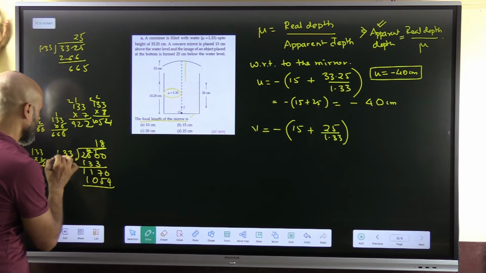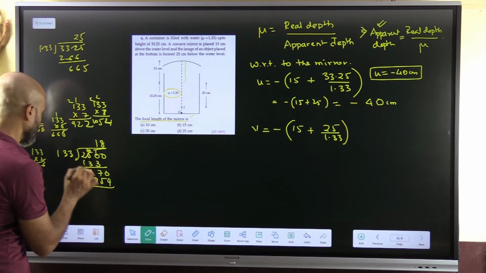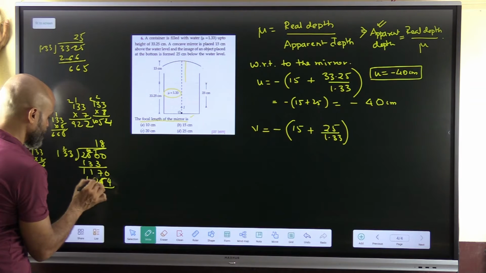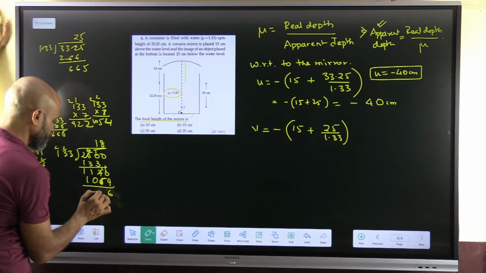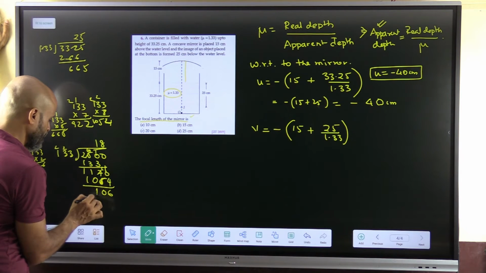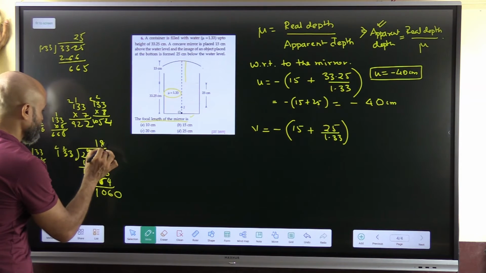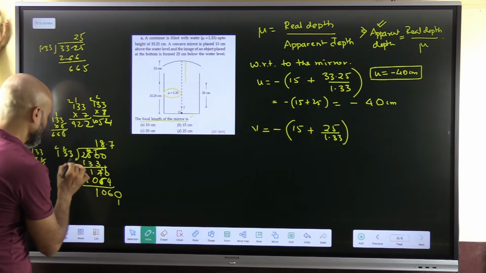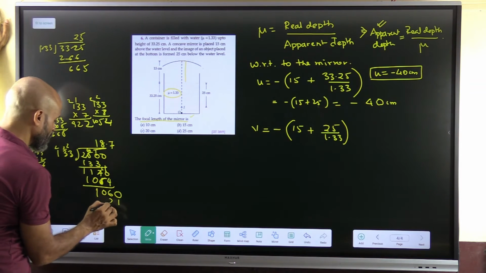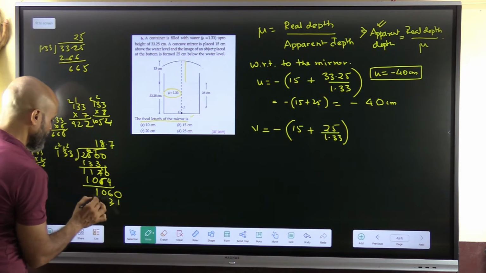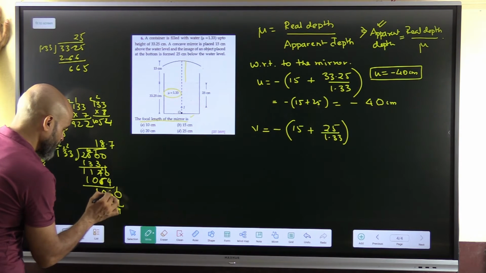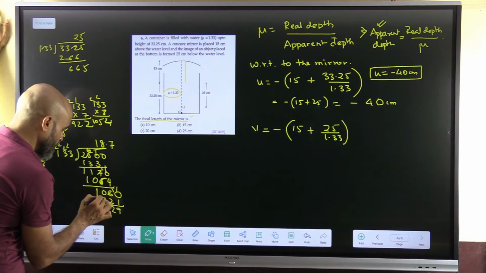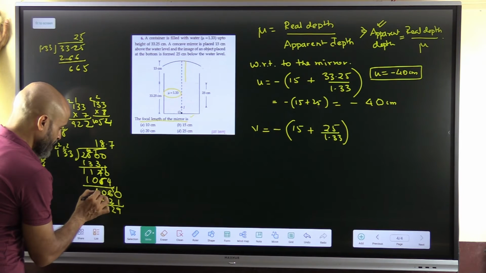3 8s are 24, 8 3s are 24, 25, 26, 8 1s are 8 9 10, 4 plus 6 10, and 1 1 0 6. 3 7s are 21, 7 3s are 21, 22, 23, 7 1s are 7 8 9. 9 plus 1 10, 5 3 2, 9 plus 1 10, 9.